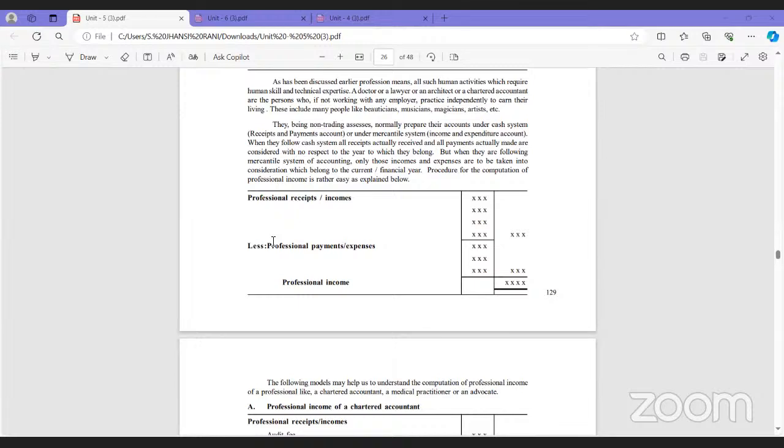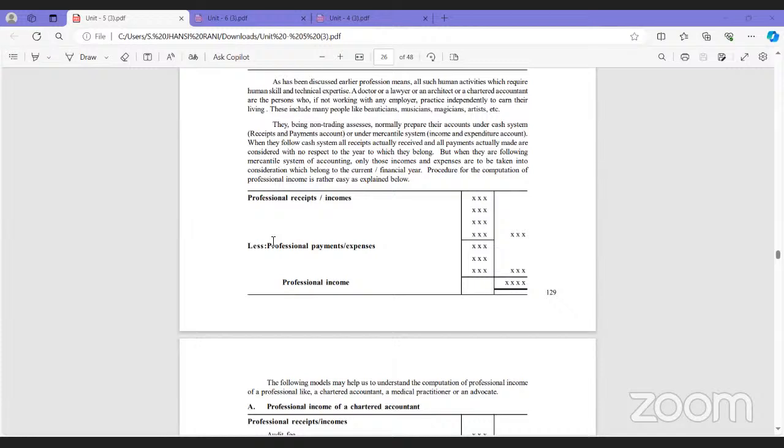When you work under someone, you will receive salary. Whatever income you receive when you are working under them will become income from salary. It is not an income from profession. If you are practicing separately outside, you have your own practice, then only this will be called income from profession.